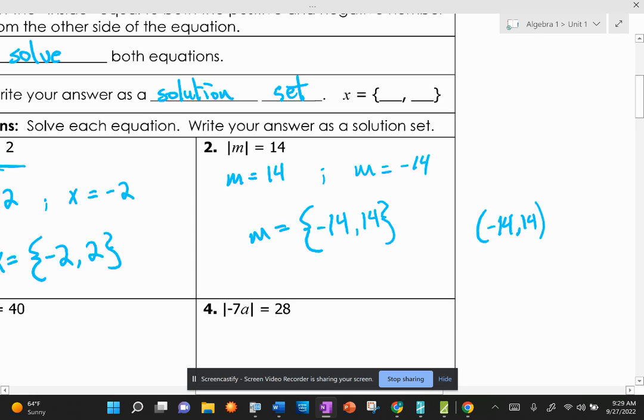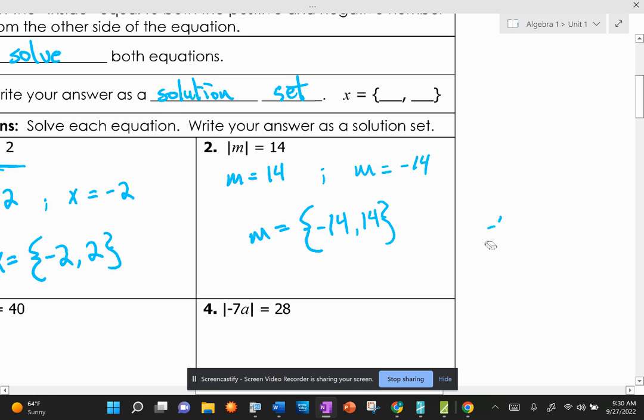Like a point on a graph, which means you're saying that this is an x and this is a y. We're not working with x's and y's. We're just working with one variable, and that variable is m. M just has two different answers. So if you're saying that one particular variable has multiple answers, then you need to use a bracket because then it's like you're listing them, rather than saying that they go together.